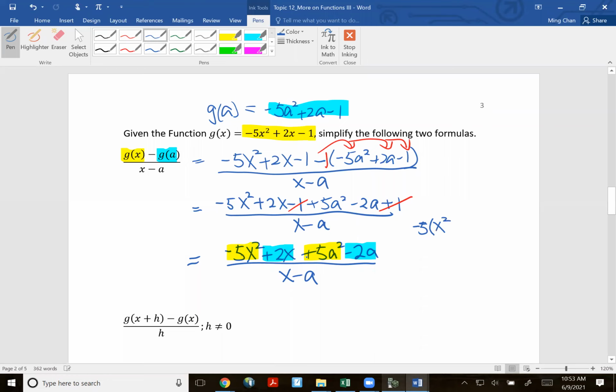If I factor out negative 5 from positive 5a squared, that should be negative a squared. Right? Negative 5 going to positive 5, negative 1 times. Between 2x and negative 2a, I need to factor out a positive 2 because that will automatically give me x minus a.